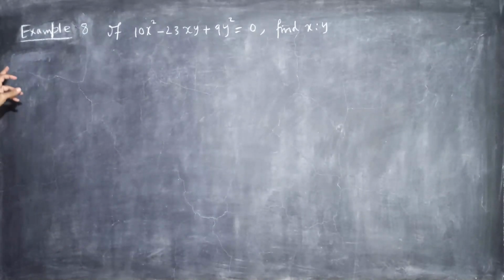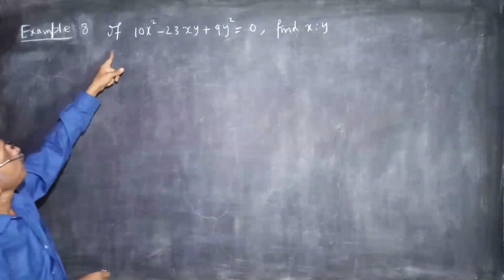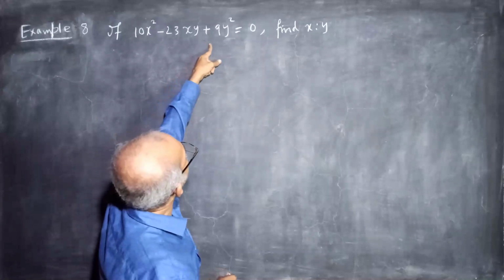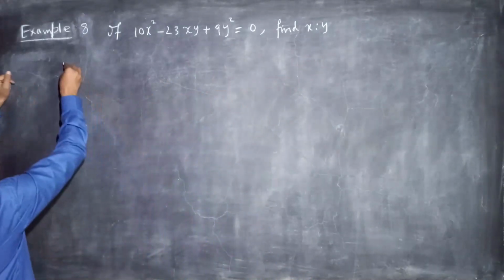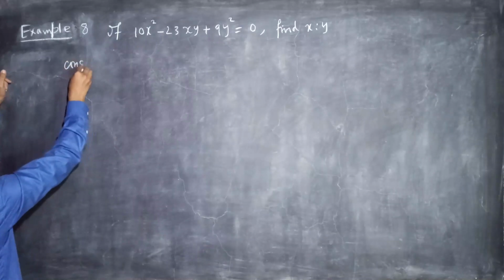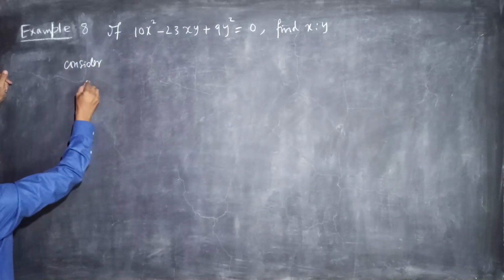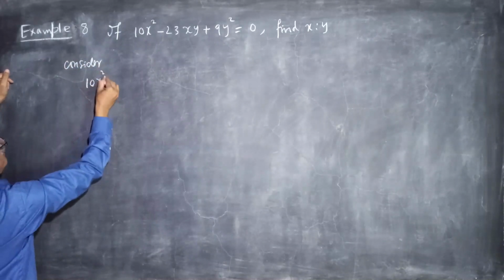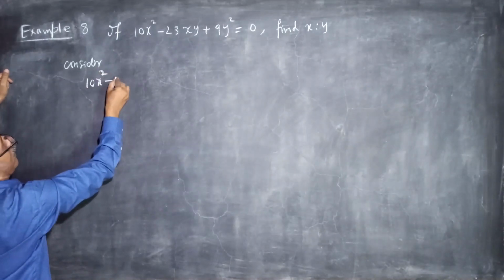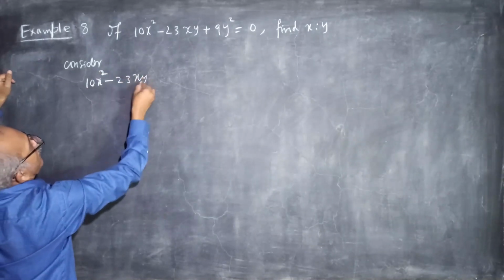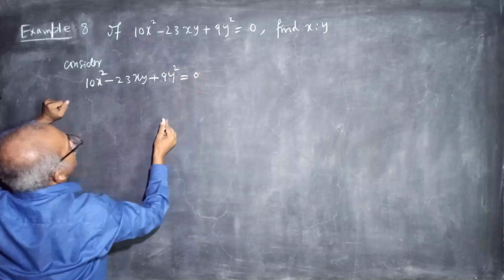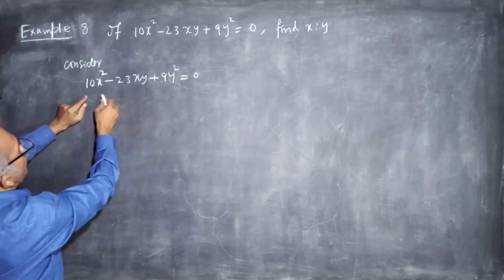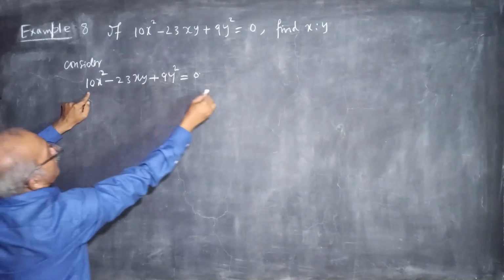Now we shall solve example 8. If 10x square minus 23xy plus 9y square is equal to 0, find the ratio x is to y. Consider the given equation: 10x square minus 23xy plus 9y square is equal to 0. So you can multiply 10 into 9 here.